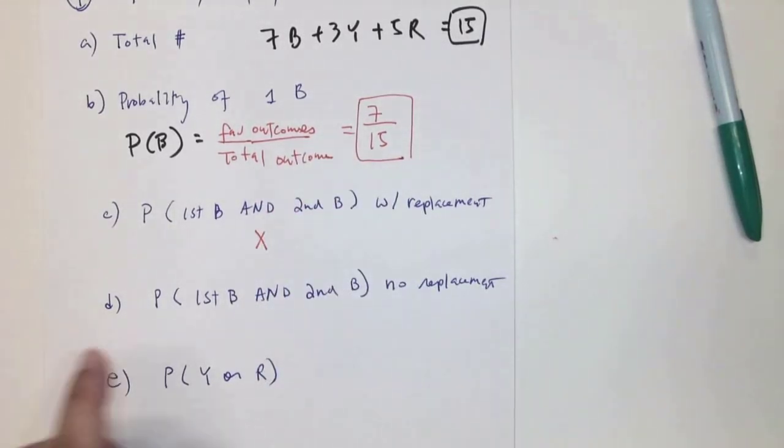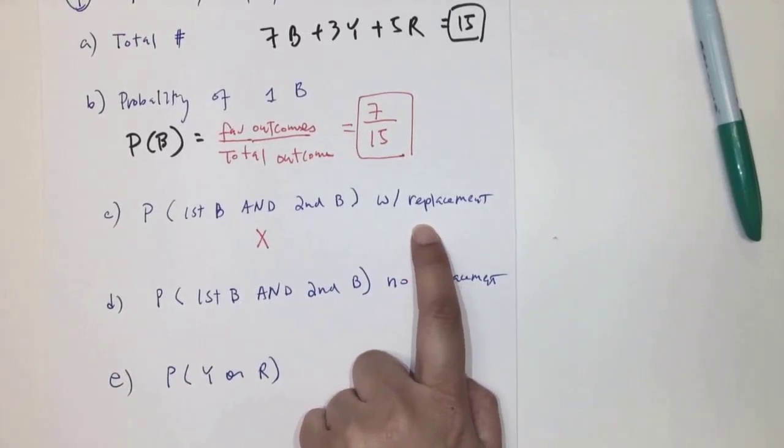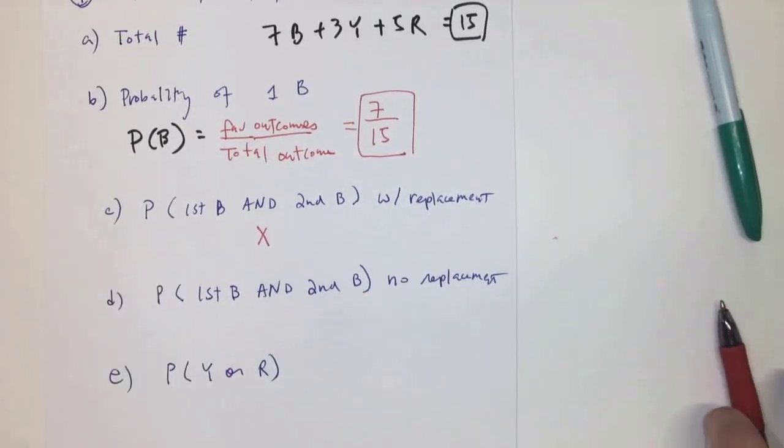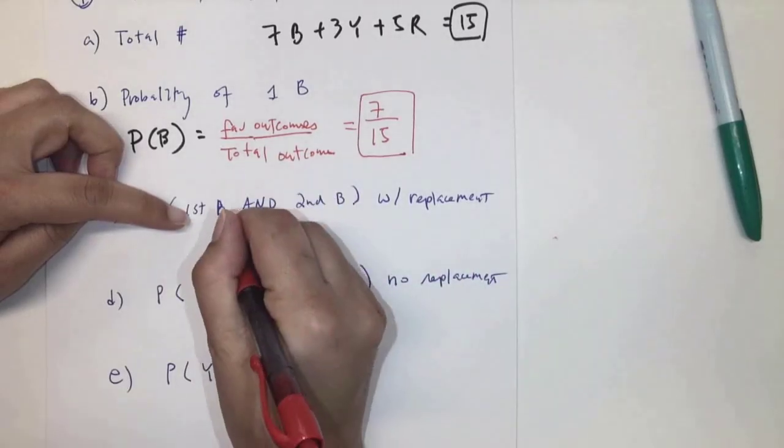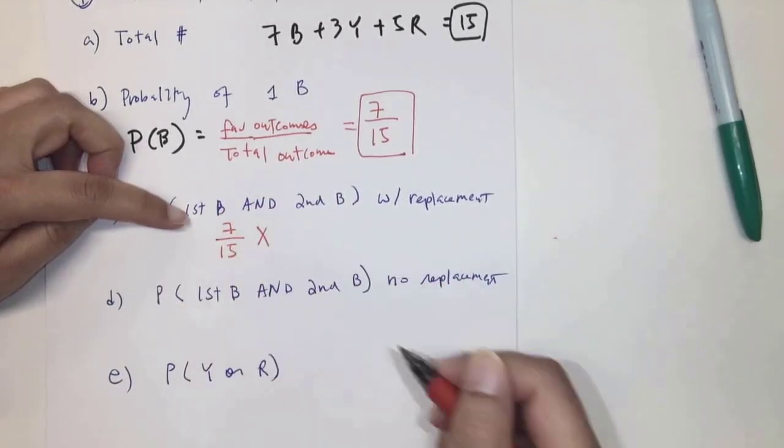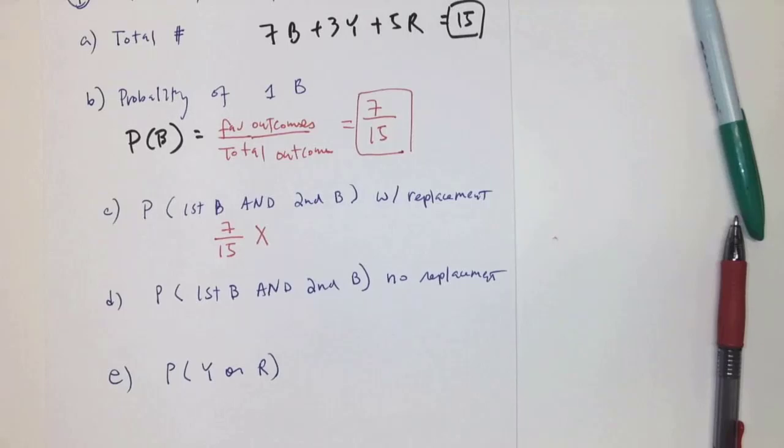So now we have to think about replacement. The first one drawn is blue. What is the probability of that? 7 out of 15, 7 blue out of 15 total, right? With replacement means what?